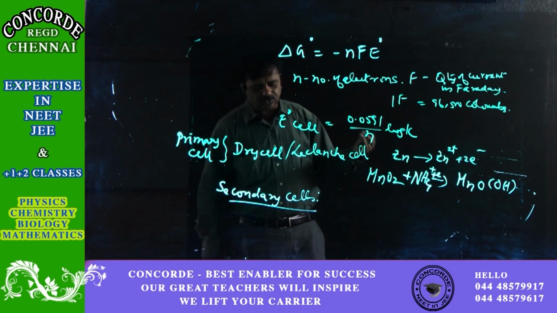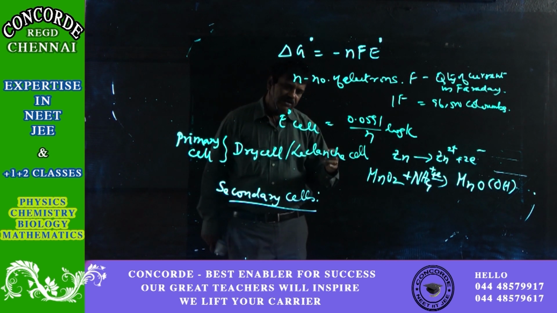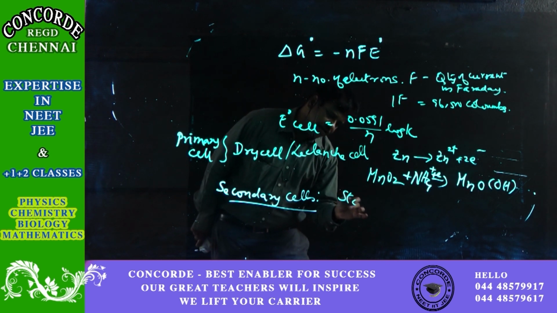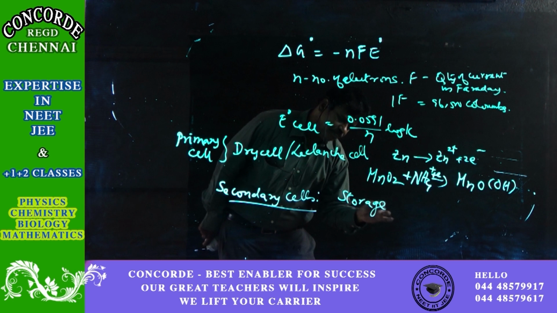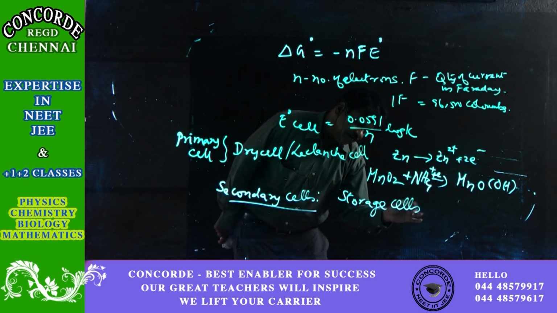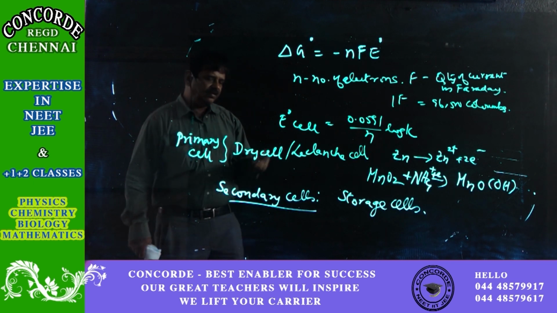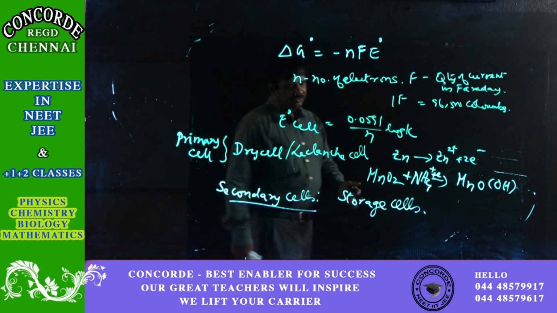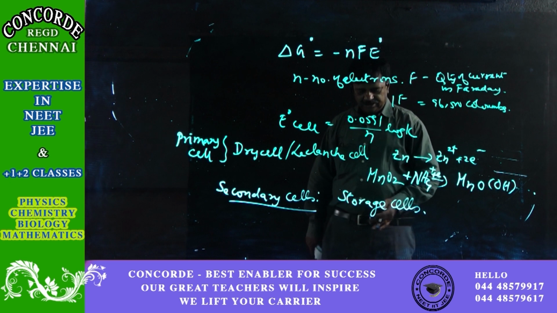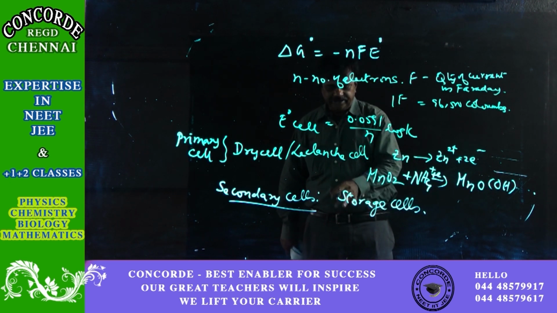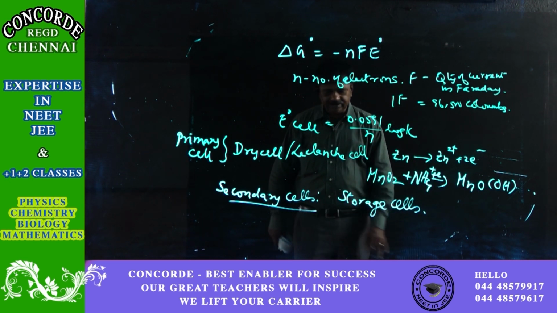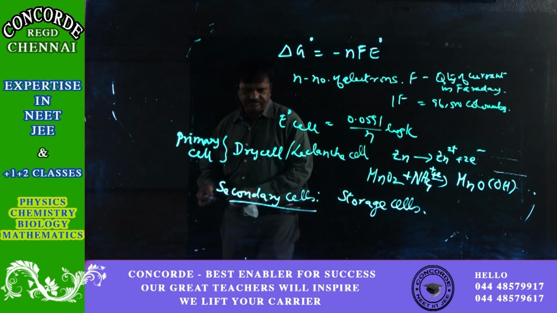They actually store the electric current, which can be used. Once that is used, it will get fully discharged. Then again they can be charged to get the required current. So they are reusable. These secondary cells are also called storage cells.